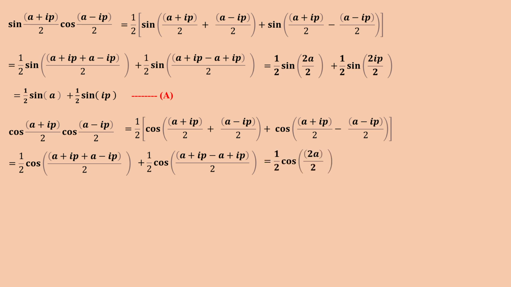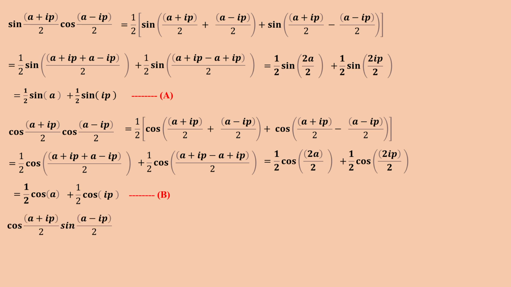In the numerator, ip minus ip get cancelled, so 2a by 2; in the second term a minus a get cancelled, 2ip by 2. That is equal to half cos a plus half cos ip. That is equation number B, capital B.